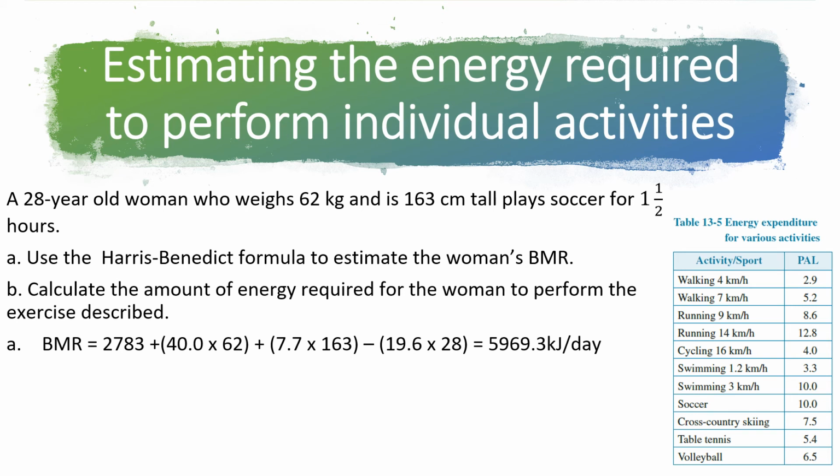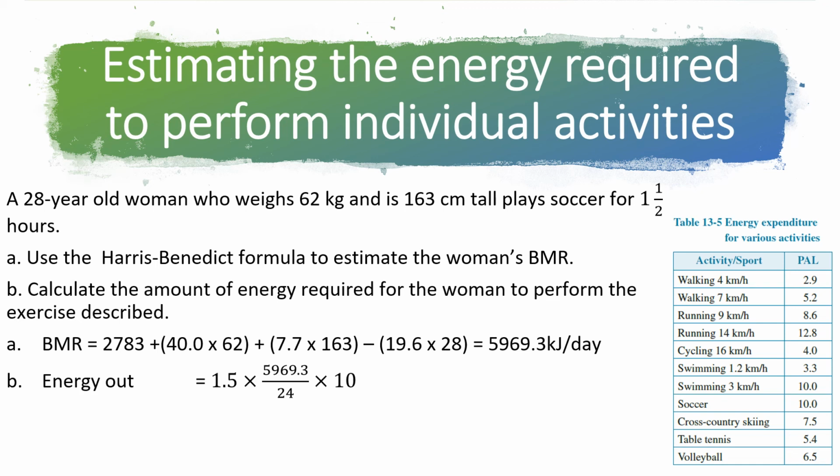Putting in the formula that we learned earlier, you can go back and look that up if you need to, the BMR will equal 2,783 plus 40 times 62 because she weighs 62 kilos, plus 7.7 times 163 because she's 163 centimetres tall, minus 19.6 times 28 because she's 28 years old, equals 5,969.3 kilojoules per day.